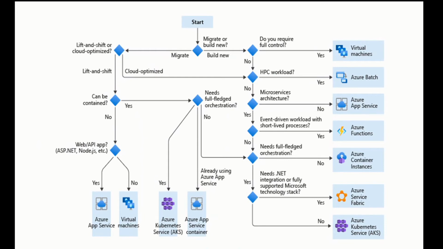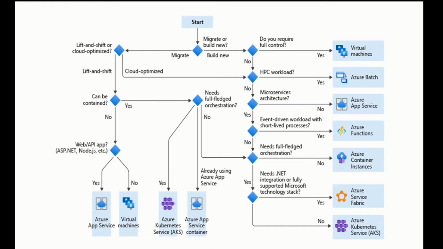So for a lot of those traditional applications running on a physical machine, you can do a lift and shift, or have it cloud optimized. You can move that entire virtual machine or physical machine, have it exported as a virtual machine, and have that virtual machine hosted in Azure, meaning you require a lot of control over that application and the infrastructure.